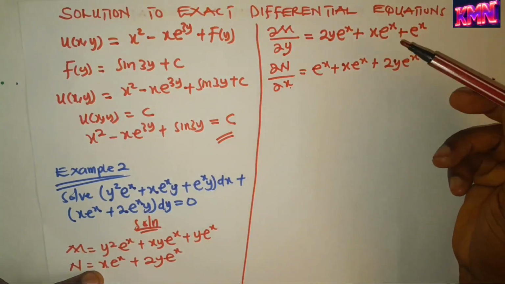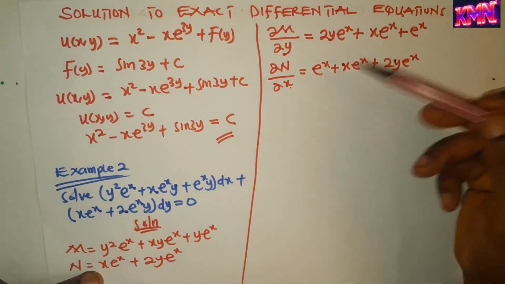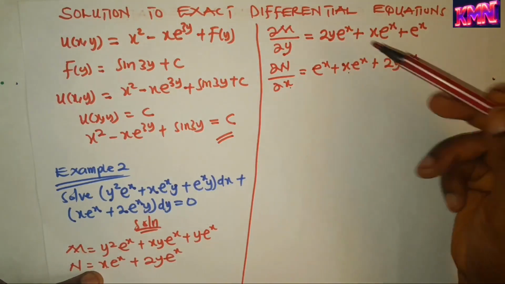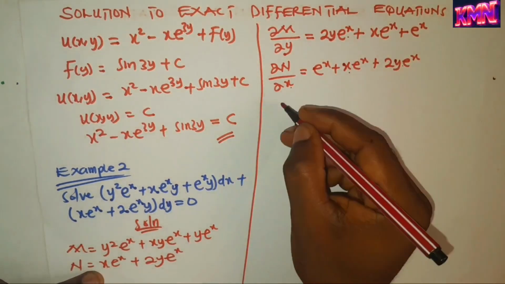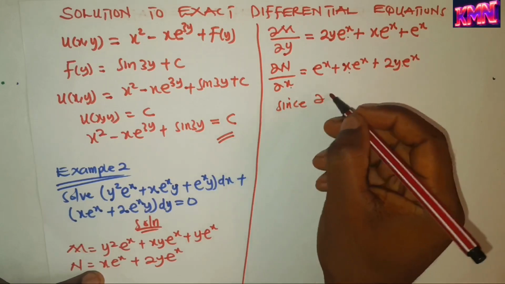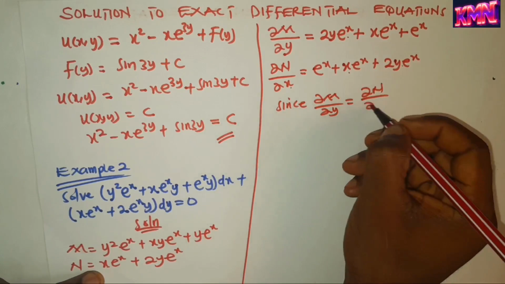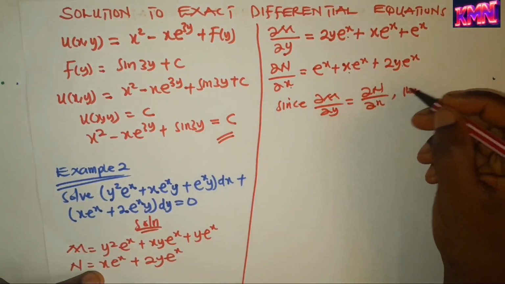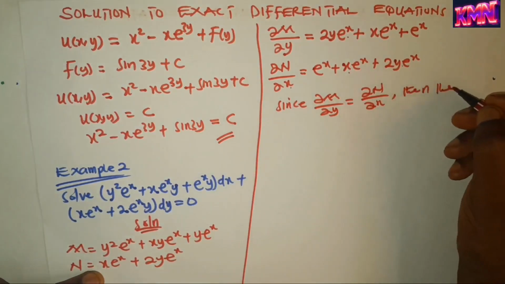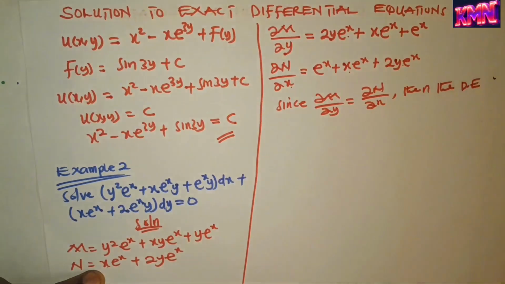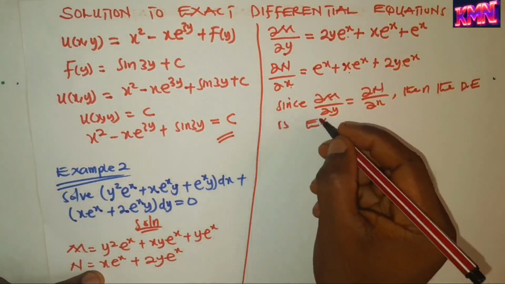So now let's compare whether it is the same. Yes, we have this, and we have that, it's the same. Since del M del y is the same as del N del x, then the DE is exact.